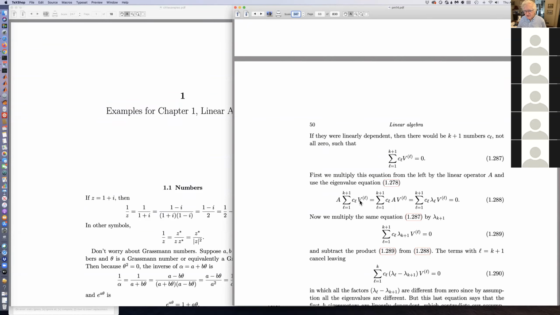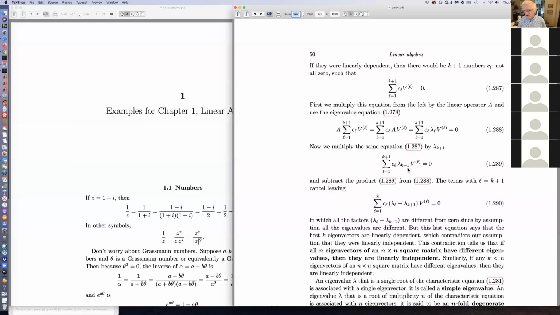If we multiply the same equation, namely this one, by the k plus first eigenvalue and subtract, what happens is the k plus first term in these two expressions cancels, and what we have is this expression here.